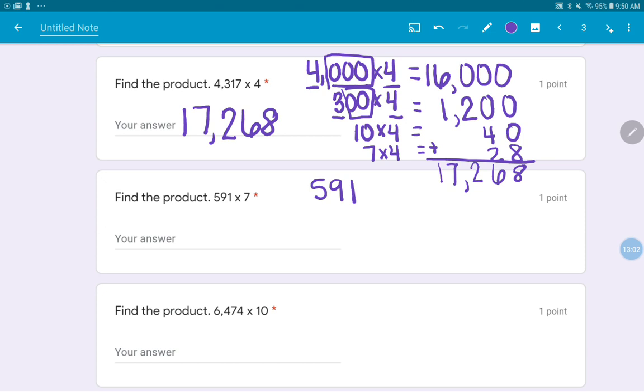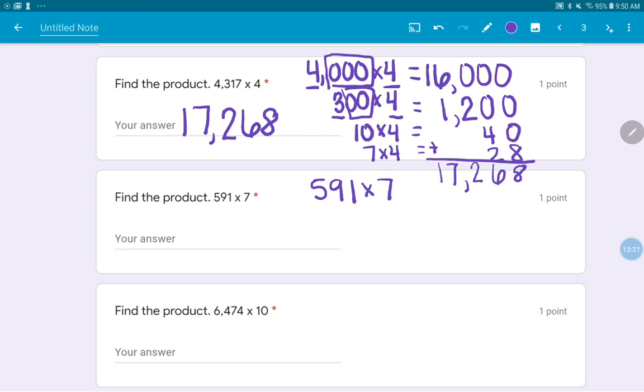So we're going to stack them up. Is that what you're saying? Do it vertically or horizontally in a line? Jaden, did you write it this way or this way? You wrote it across? Okay, so 591 times 7.